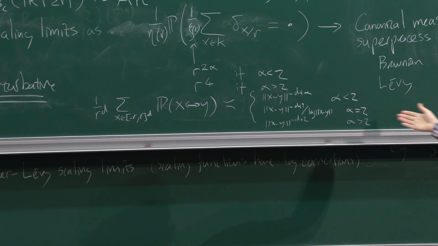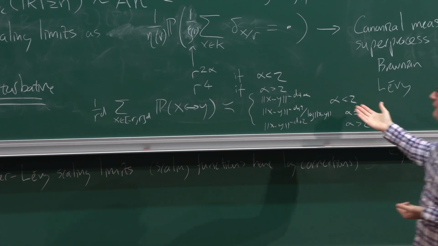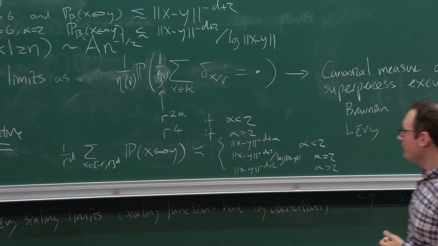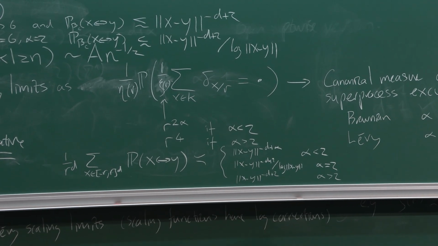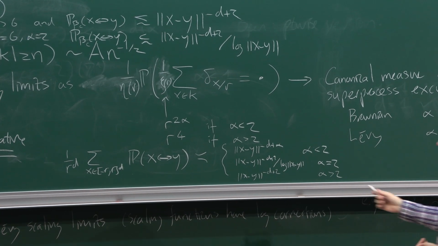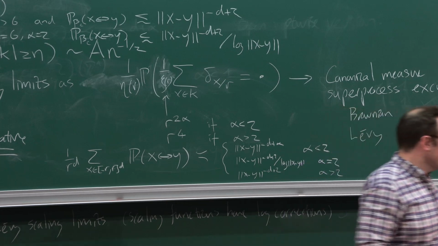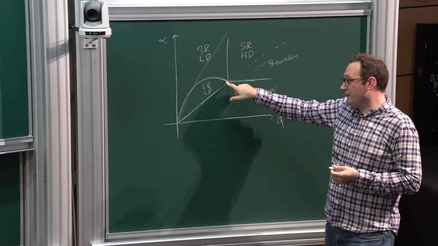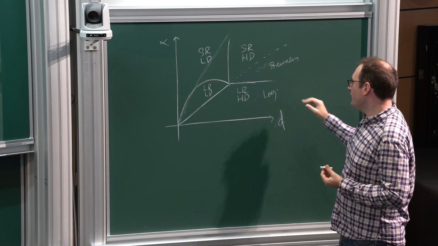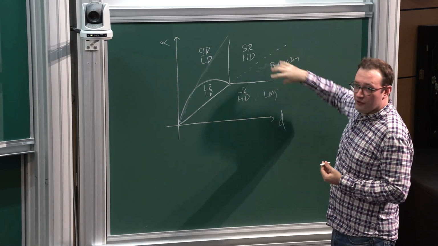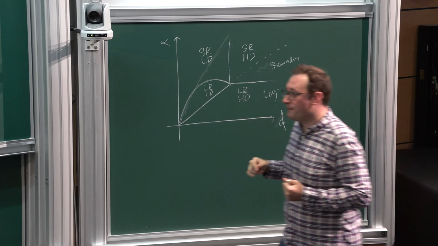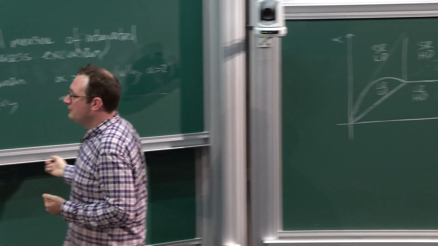Of course, in some of these cases, we're sort of assuming an upper bound of that form, so it's less interesting. But again, this regime d bigger than 3 alpha does include this whole line where you're marginally short range, except for this one point. And it also includes this cone of this region where you are effectively short range, not marginally.